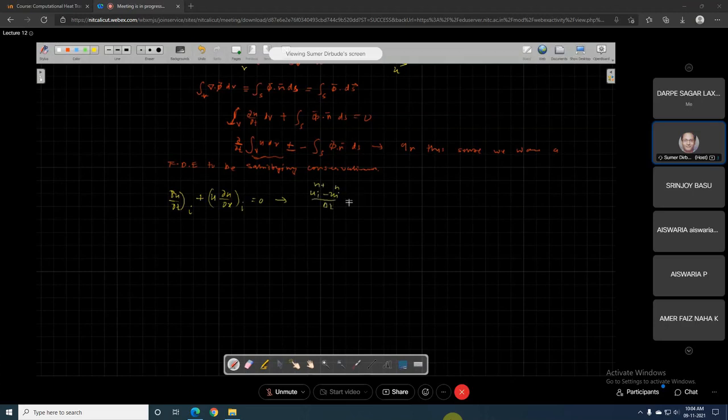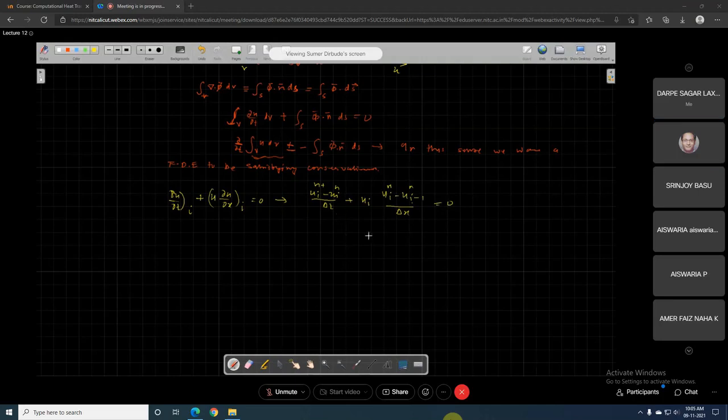And this u is calculated at ui, and del u del x at I I can now write as a backward difference expression, (ui minus ui minus 1) by delta x, because ui is a positive value we have considered, equals 0.